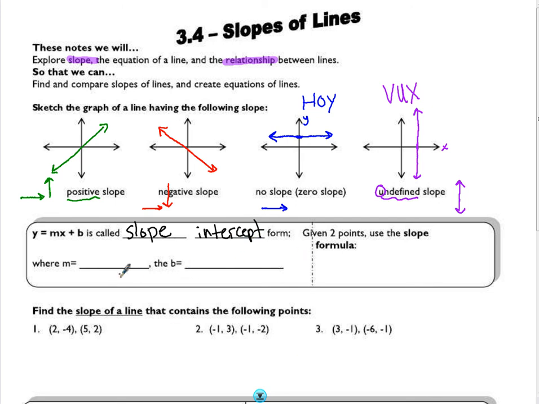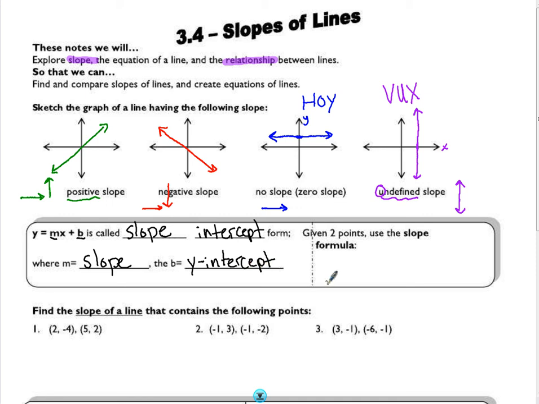Because y equals mx plus b is slope-intercept form, the variables m and b represent specific characteristics of the line. m represents the slope of the line, and b represents the y-intercept, or, if you're not familiar with that terminology, where the line crosses the y-axis.